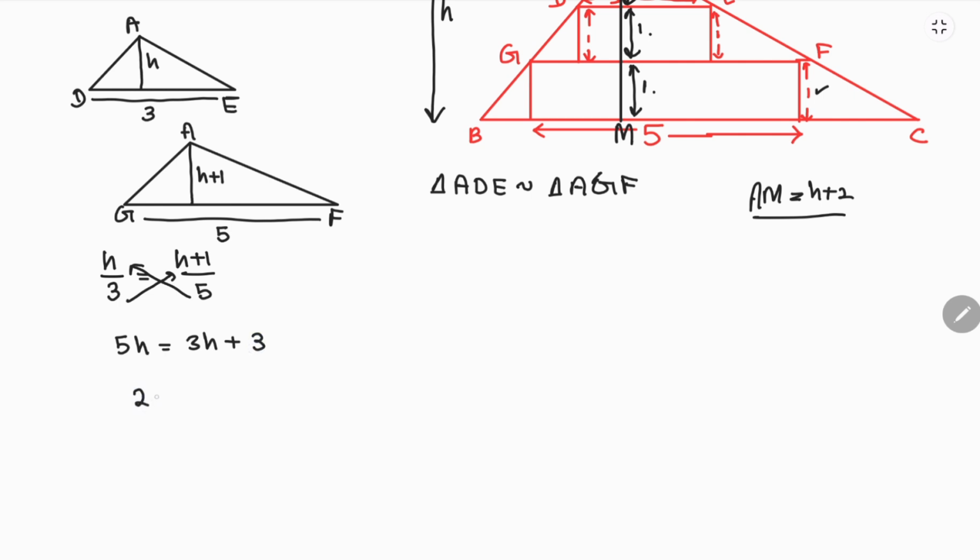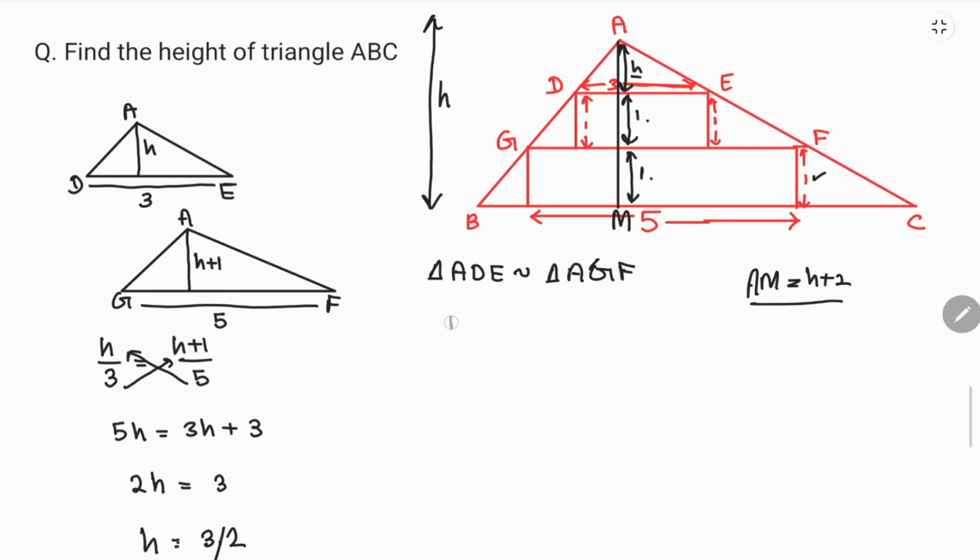If I subtract 3H from both sides, I get 2H is equal to 3, and H is equal to 3 by 2. That is H equal to 1.5. If H is 1.5, then AM is equal to 1.5 plus 2, that is equal to 3.5. This is how we get the height of this triangle.